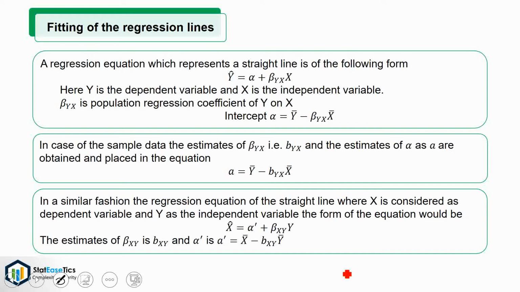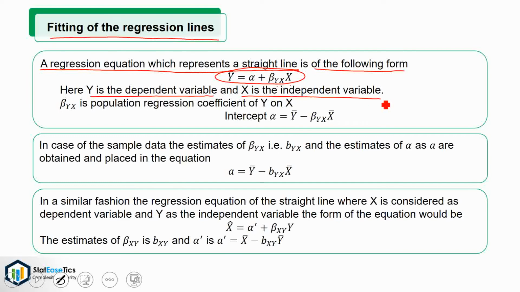Now, let's discuss fitting of the regression lines. A regression equation which represents a straight line is of the following form, that is, y caret is equal to alpha plus beta yx into x. Here, y is the dependent variable and x is the independent variable.